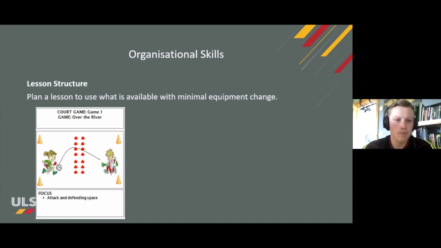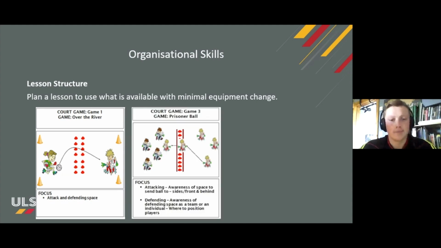With over the river we'll have the area with 2 teams, and we have our cones down the middle to mark out the river. It's a simple game to start off, a fun game for children. You can do hand passing, you could do it with striking, kicking, whatever it is. The setup is basically the same as the likes of prisoner ball.